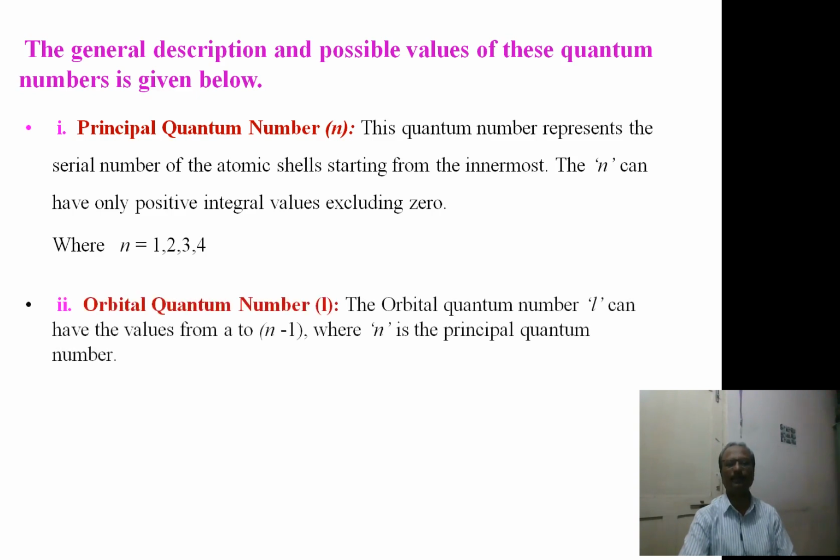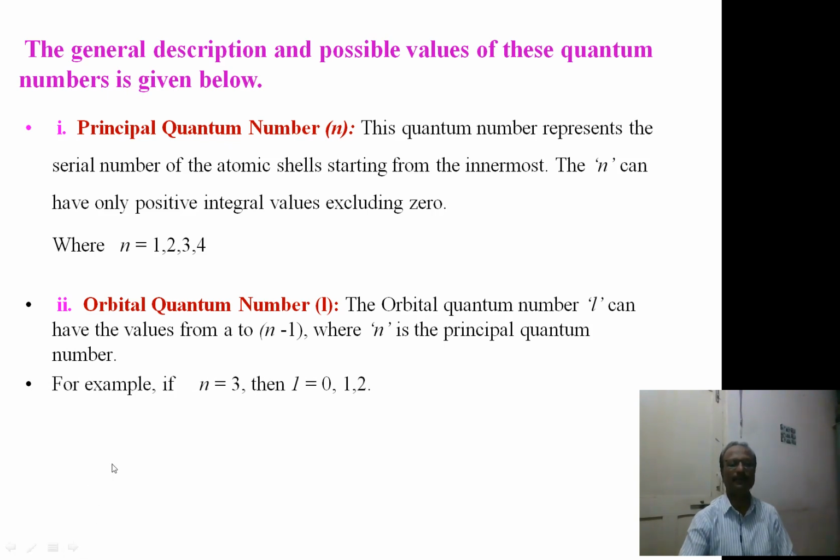The principal quantum number n, which we call the total quantum number, has respective values 1, 2, 3, 4, and the orbital quantum number small l can take the values from 0 to n minus 1, where n is the principal quantum number.